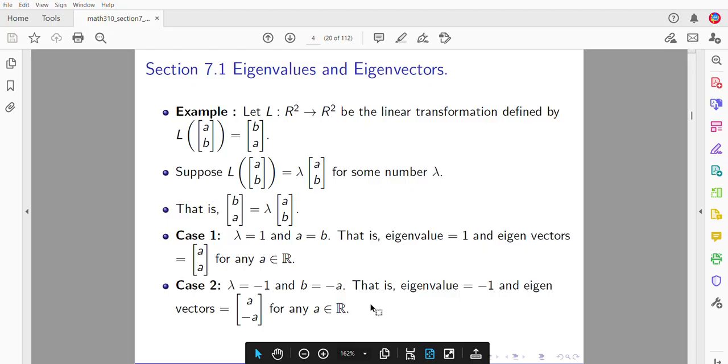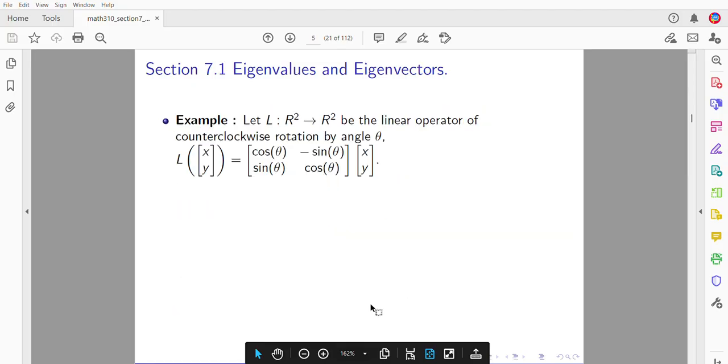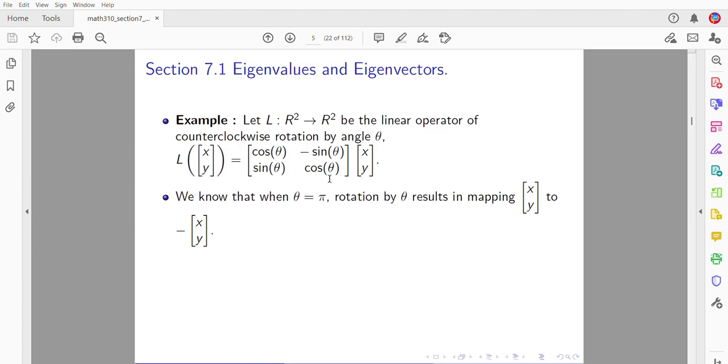So here is another example. Remember the counterclockwise rotation given by this matrix. When you multiply this matrix by vector (x, y), the result is a vector that is rotated by angle theta. Now you know about rotation. When you take a rotation of pi radians or 180 degrees, a vector gets mapped to its opposite, because 180 degrees takes a vector to its opposite.